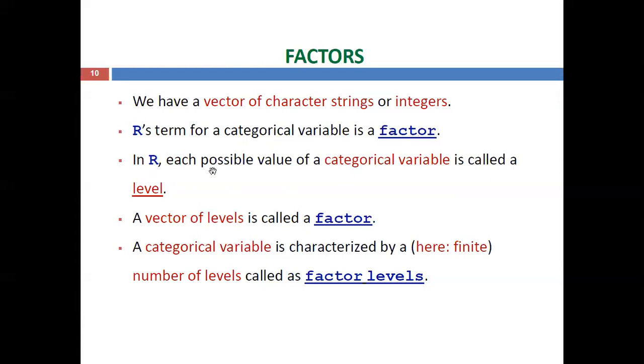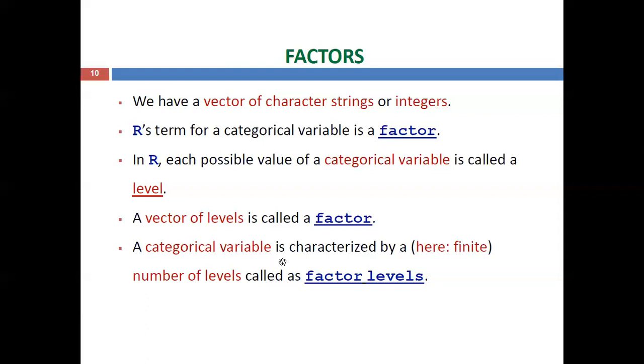In R, each possible value of a categorical variable is called a level. So a vector of levels is called a factor, like level 1, level 2, level 3 and so on.